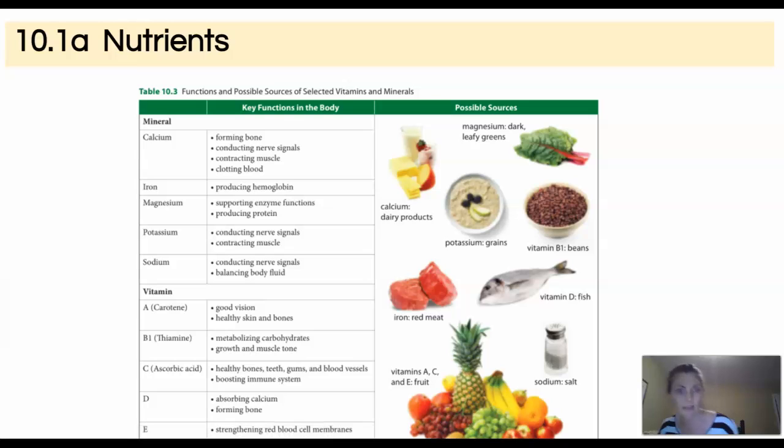Scurvy was a disease that sailors used to get because they were out at sea for very long and wouldn't have access to foods containing a lot of vitamin C, so they would develop scurvy. It's why sometimes people of British ancestry are called limeys. It's because they would have limes on their ships to prevent scurvy, limes containing some vitamin C.